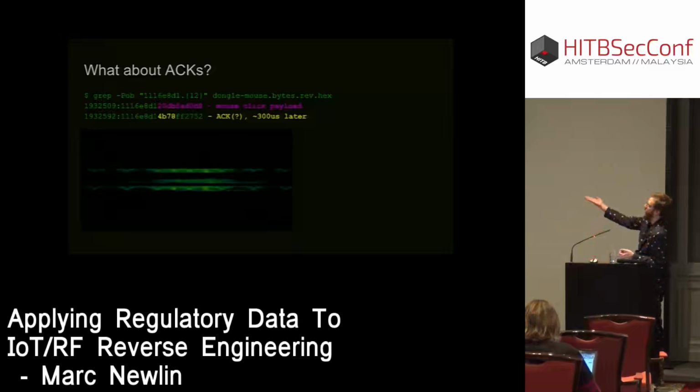And we can see that we have that 4-byte payload sequence following the mouse packet by 300 microseconds. And so the assumption is that this is, in fact, the ACK. With only 4 bytes, we, of course, don't have room for CRC. But going back and testing this with different types of mouse movement packets and clicks and whatnot, it quickly became apparent in this case that that was the ACK, just not protected by a CRC.